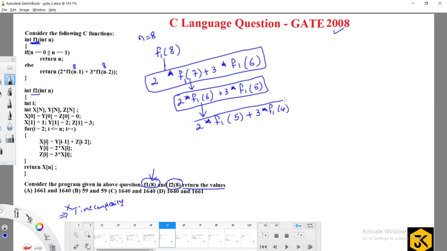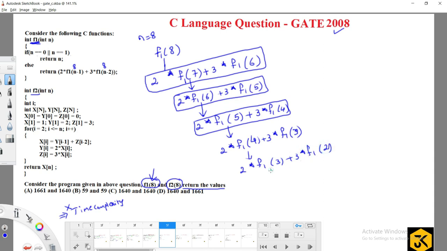Again, to solve this, first you have to calculate f1 of 5, which is 2 into f1 of 4 plus 3 into f1 of 3. Again I call 2 into f1 of 3 plus 3 into f1 of 2.